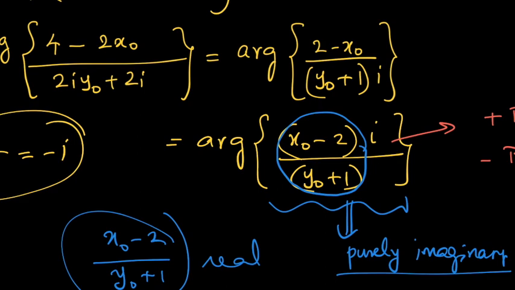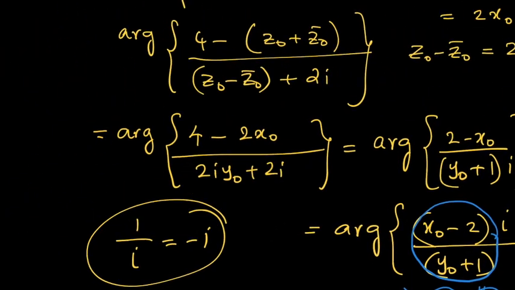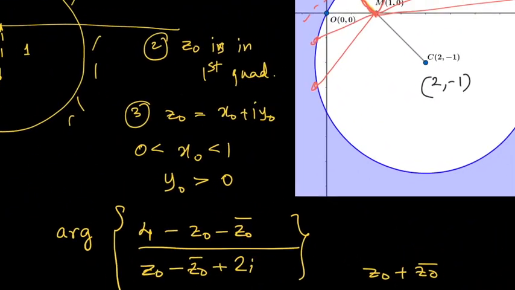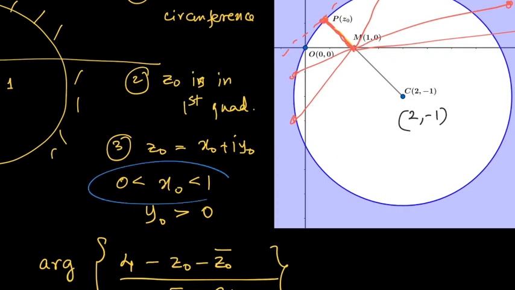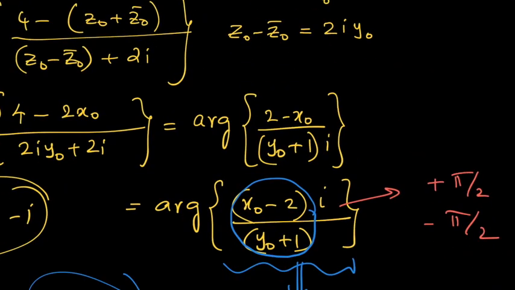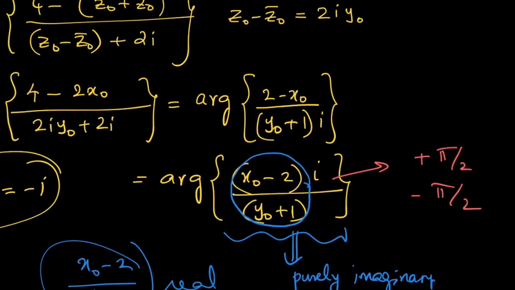Because we have understood that x0 lies between 0 and 1, and y0 is a positive number. So x0 is a number between 0 and 1, which means the numerator of this expression is negative and the denominator is positive. Why?